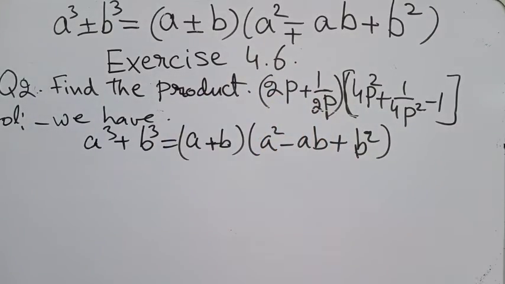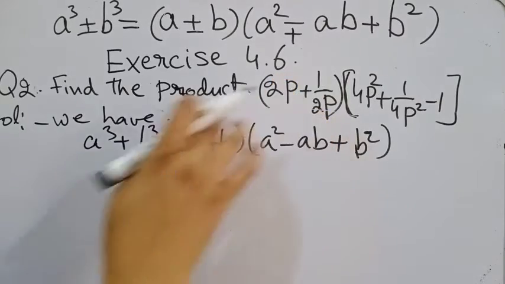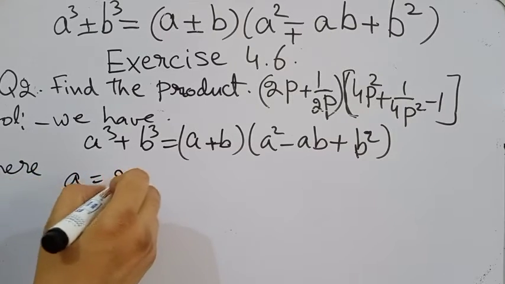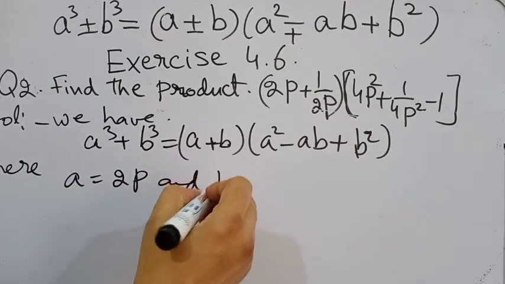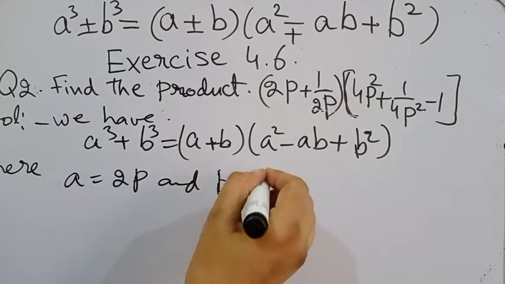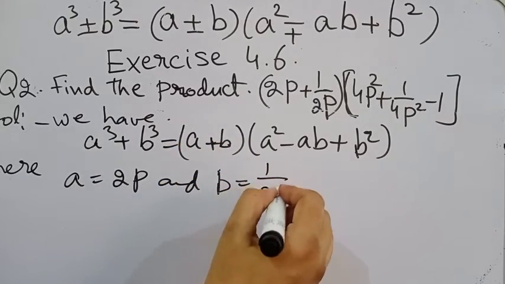By comparing the given question with the formula, we observe that here a is equal to 2p and b is equal to 1 divided by 2p.